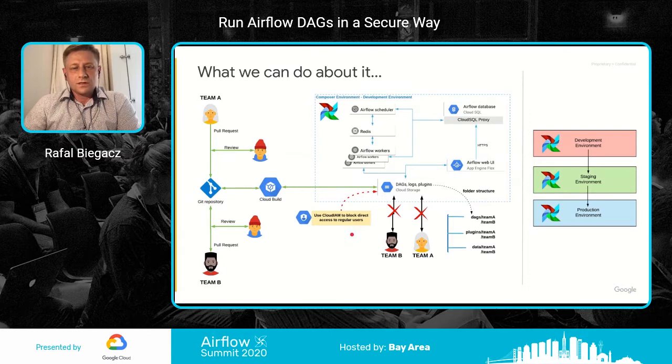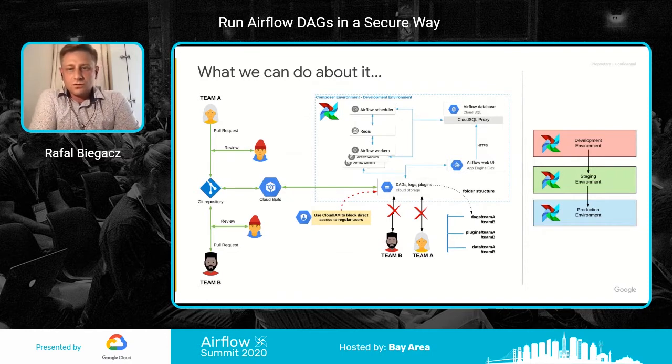Unfortunately, if we give users direct access to the file system used by Airflow workers, scheduler, and Airflow web server, you might be in a situation where some code that is not checked, or maybe even sometimes compromised, gets into your setup. So you would like, of course, to avoid such a situation.